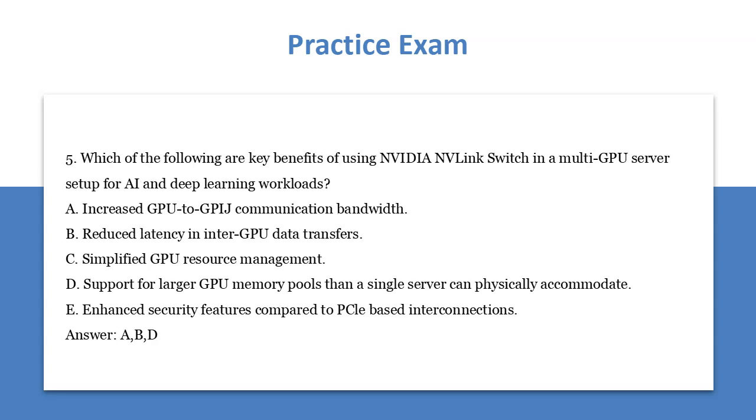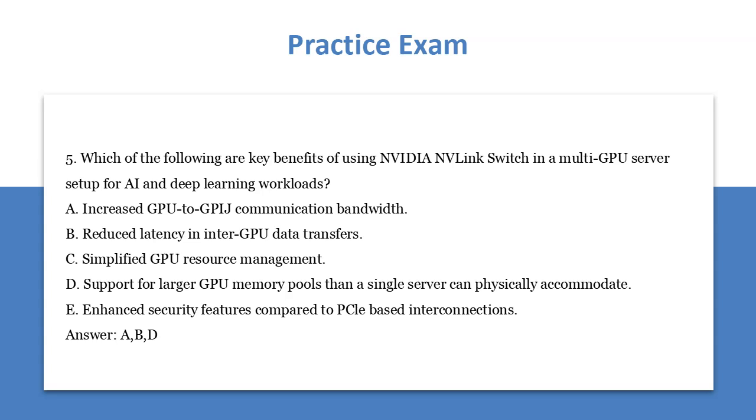5. Which of the following are key benefits of using NVIDIA NVLink switch in a multi-GPU server setup for AI and deep learning workloads? A. Increased GPU to GPU communication bandwidth. B. Reduced latency in inter-GPU data transfers.